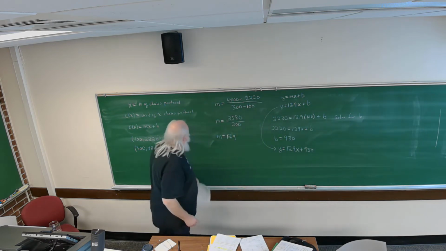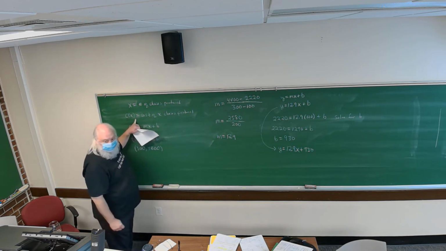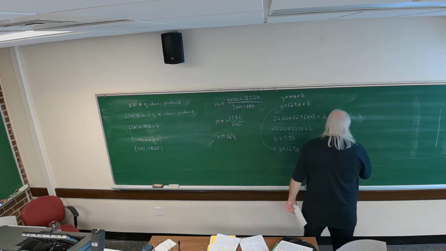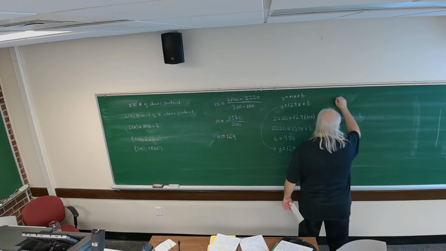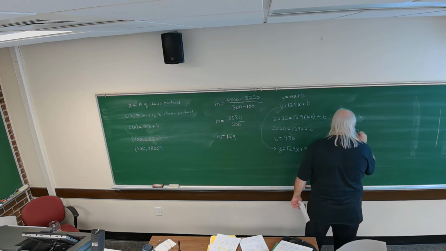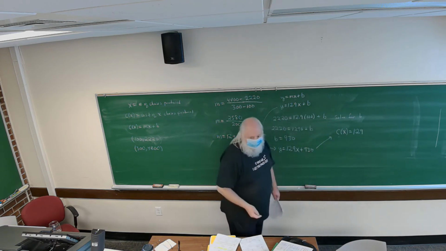And then to be proper, we should replace y with c of x. That's our function notation. We have c of x is equal to, now you don't have to use c of x. C is the name of your function, but I did, right?